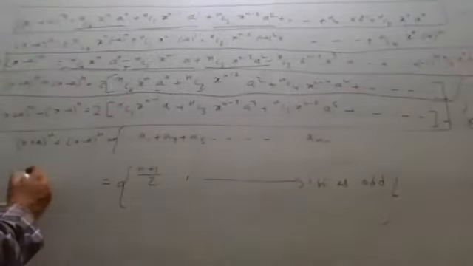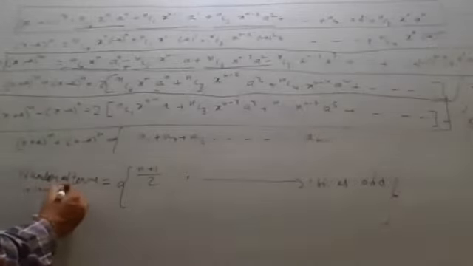So when n is odd, the number of terms will be (n plus 1) upon 2 in the expansion of (x plus a) to the power n plus (x minus a) to the power n. Understood or not?